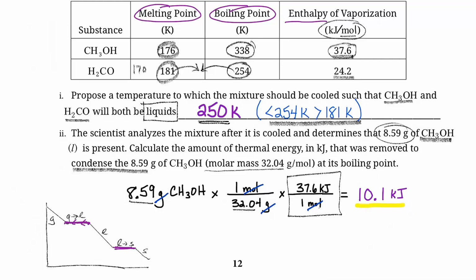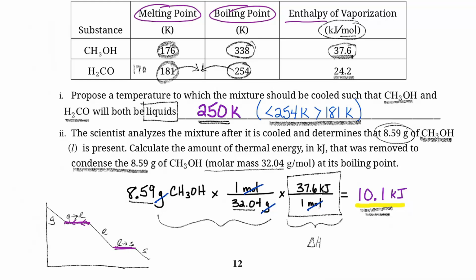They gave you the molar mass, which is a big hint that you're going to convert to moles if they're giving you the molar mass. We're going to use our units, get our moles here, and then use the delta H value, which is a ratio of kilojoules per mole, a conversion factor, and convert to how many kilojoules will be released for the gas to become a liquid.